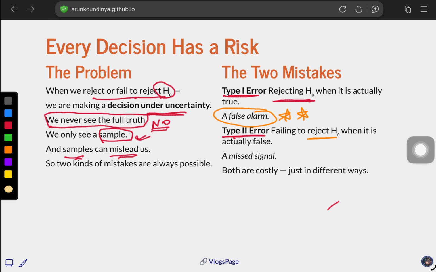We have missed a signal and a chance to prove somebody guilty, carrying forward the previous example of innocent and guilty. So both errors cost us very differently, and we need to consider the cost. However, we will learn about cost-benefit analysis maybe in future seasons.